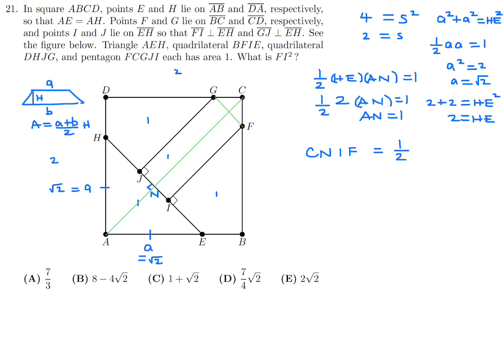But first I need to figure out some of these sides. The distance from here to here, FI, I'm going to call x, and therefore the distance from here to there is also going to be x. So that is going to be from there to there. So this point right here, I'll just call it P.